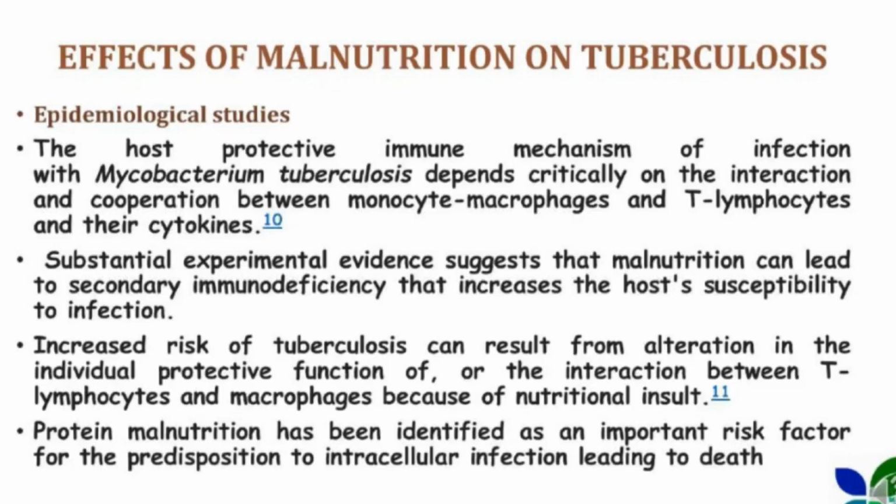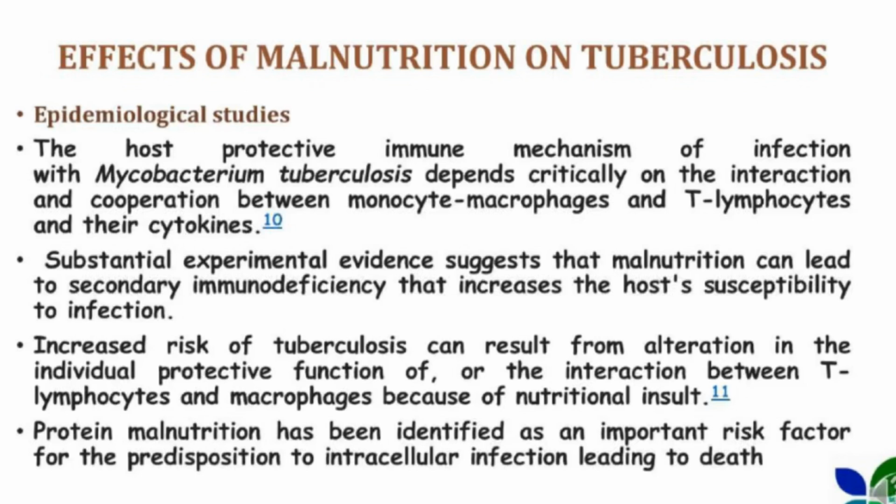Effects of malnutrition on tuberculosis. Epidemiological studies. The host protective immune mechanism of infection with Mycobacterium tuberculosis depends critically on the interaction and cooperation between monocyte macrophages and lymphocytes and their cytokines.